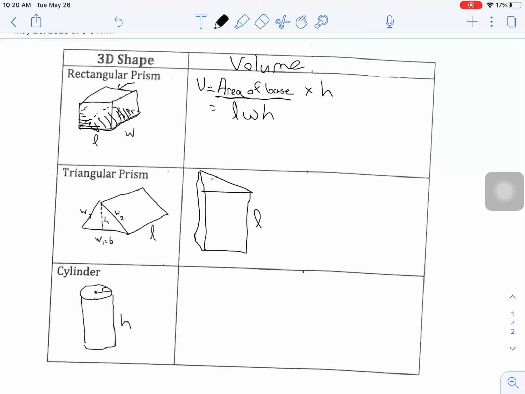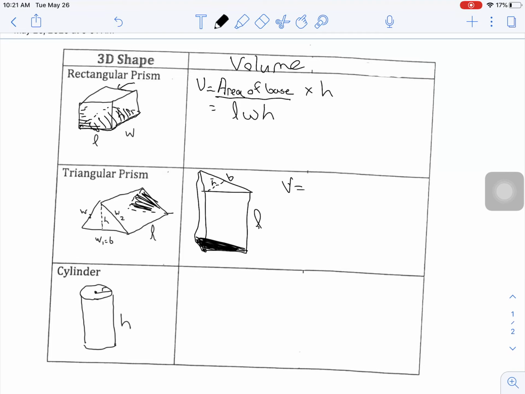So I'm going to just call this the length, which is the length standing up here, and this is the height, and this will be our base. So what is the shape of the base in this case? The shape of the base is the unique shape, which would be a triangle.